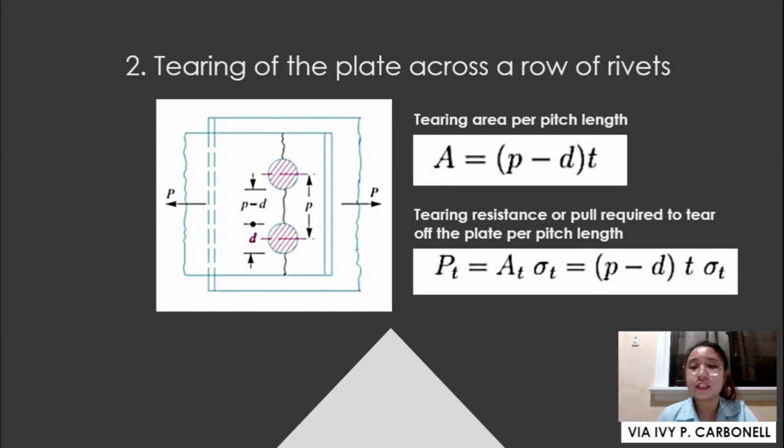Substituting here, we come up with (p minus d) multiplied by t multiplied by the tensile stress. As you can see in the picture, the tear is across the rivets.